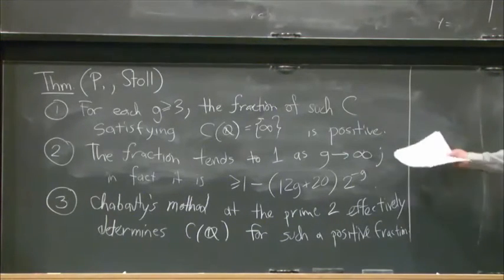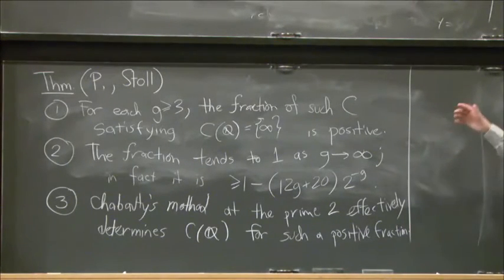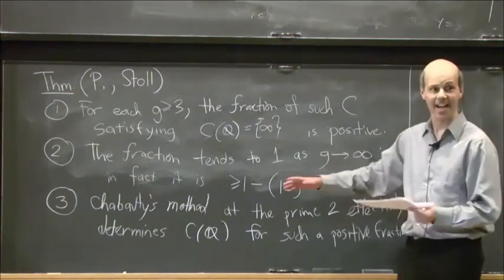I think this is the first time that you really had an effective method for a very large family of curves for determining the set of rational points, at least in the case where the curve actually has a rational point.